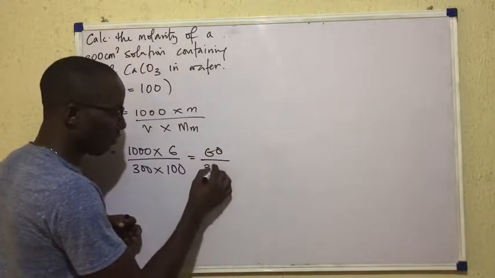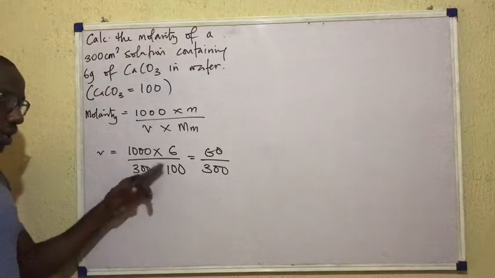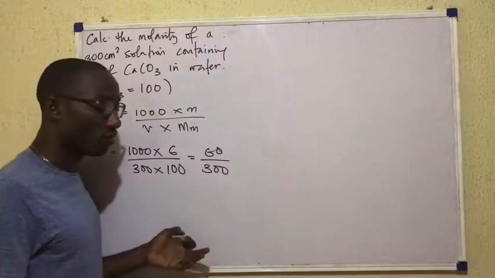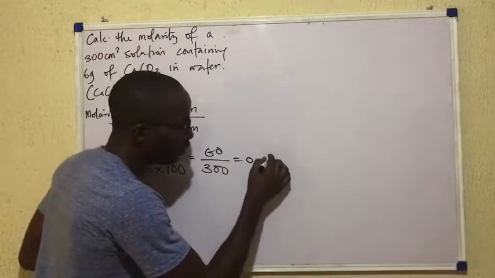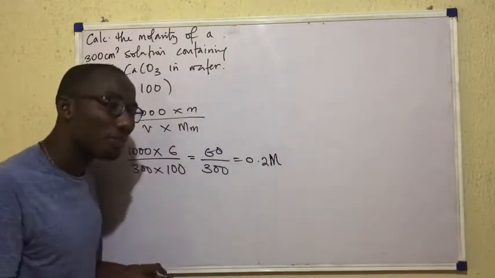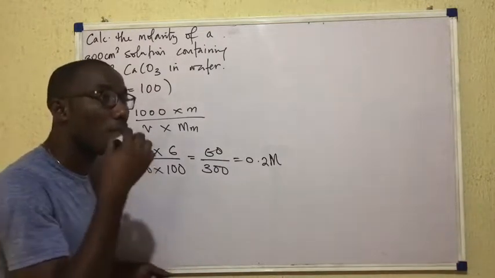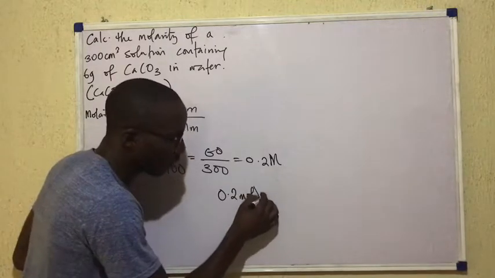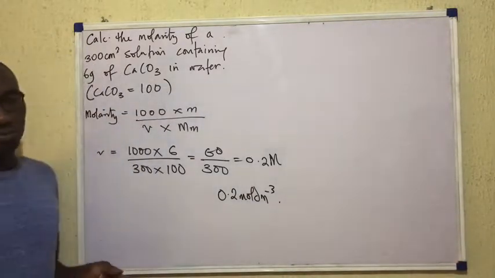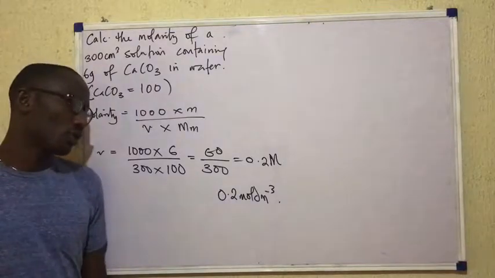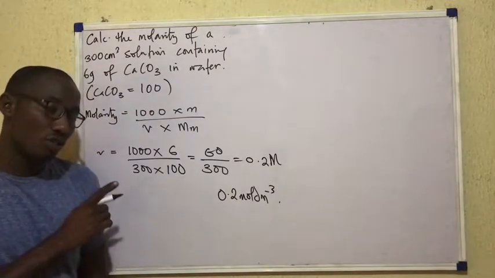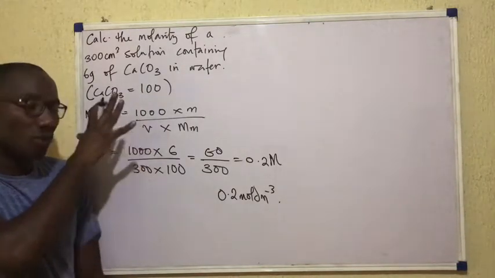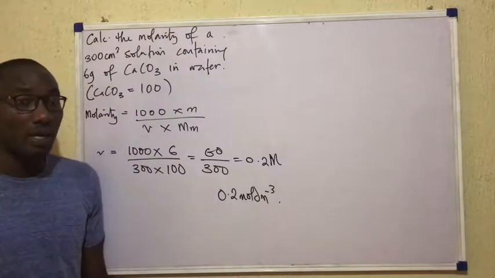It becomes 60 over 300, which is 1 over 5, and that gives me 0.2. The unit, capital M, is pronounced molar. If you don't want to write capital M, you could also write the answer as 0.2 moles per dm cube. Still correct. So the molarity is 0.2 moles per dm cube.